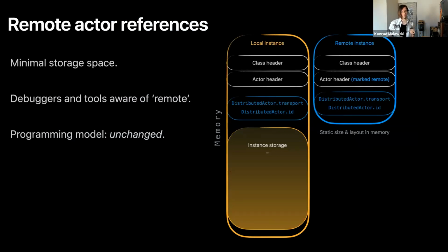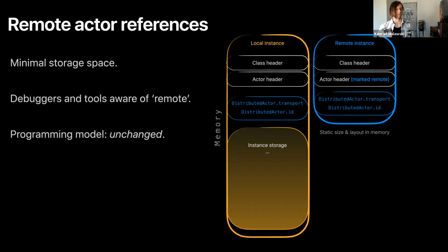Now, here's the cool thing we can do. Because this is so well integrated with the runtime and literally how we allocate objects, remote instances obviously take minimal storage space. We do allocate storage for the transport and identifier, as I showed before, but we don't allocate any storage for the actor's state, whatever state it wants to have, right?